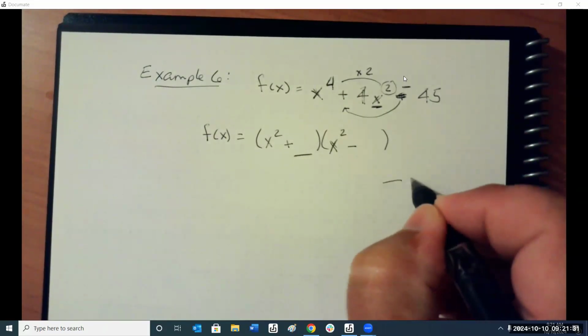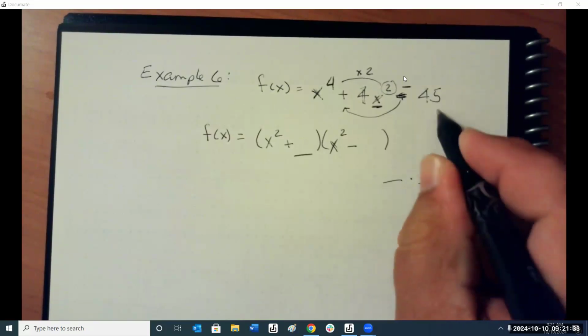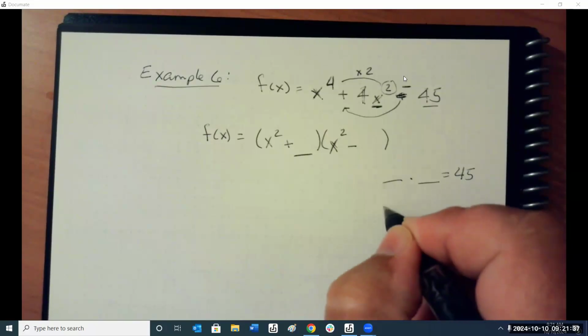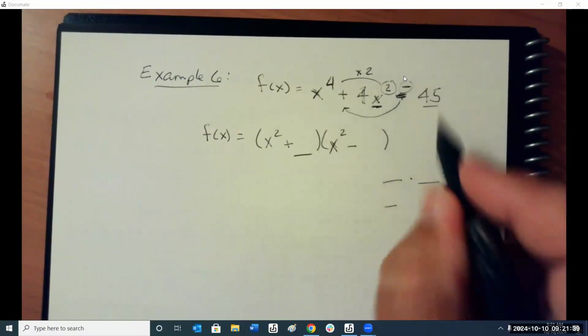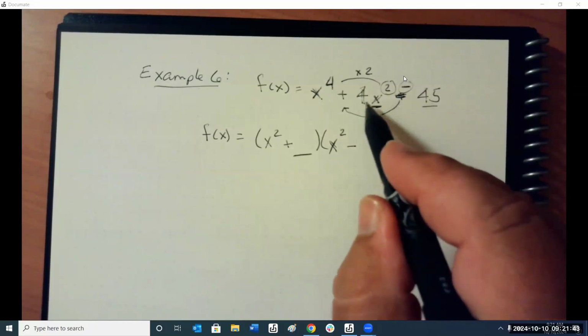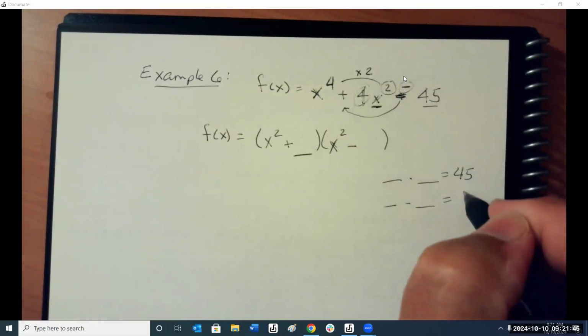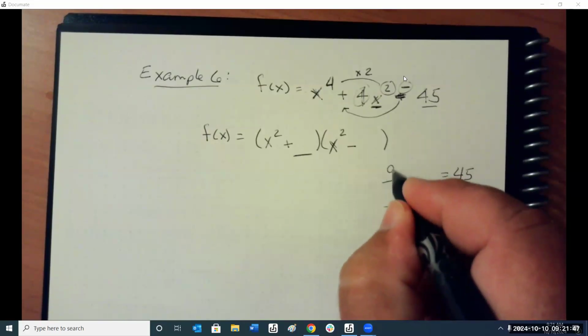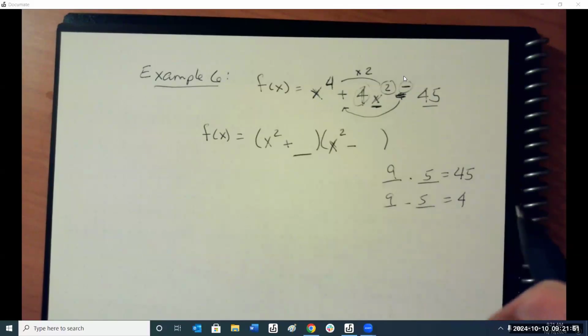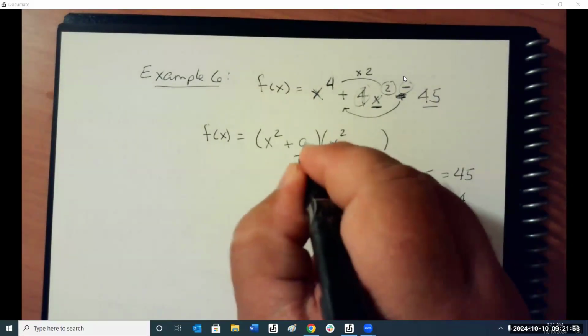So what times what equals 45, that when we subtract them, we get 4? 9 times 5, 9 minus 5. So the bigger number gets the positive.